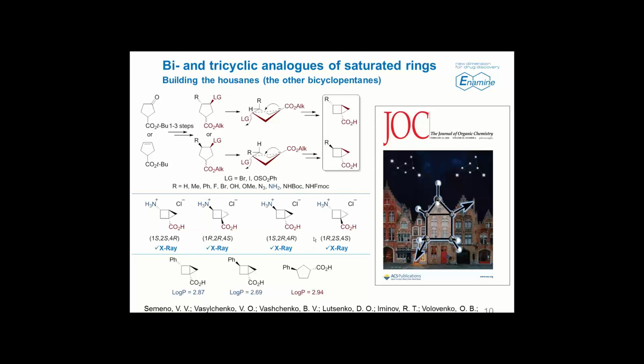And also we have studied physicochemical properties of the housane derivatives, and we have found that these scaffolds are quite similar to the parent cyclopentane or cyclohexane derivatives. They are somewhat flattened and somewhat smaller than the parent hydrocarbons.